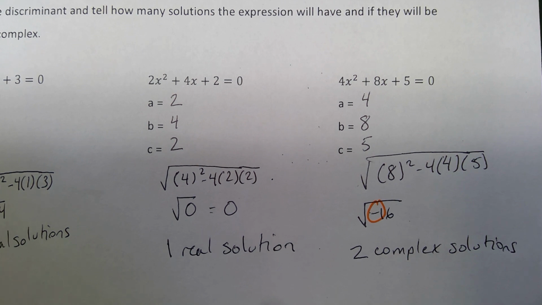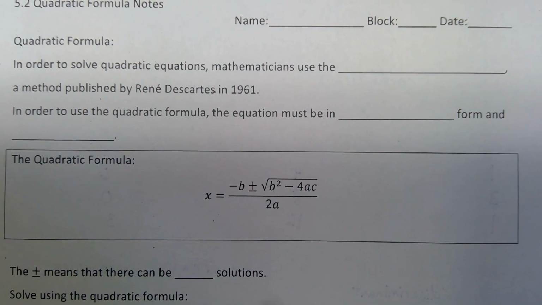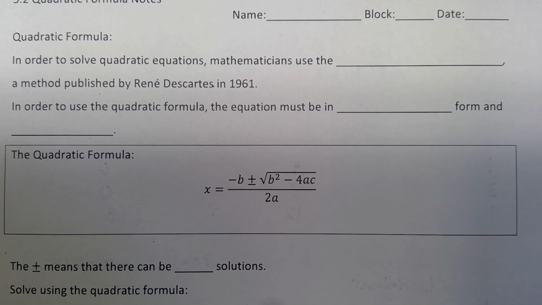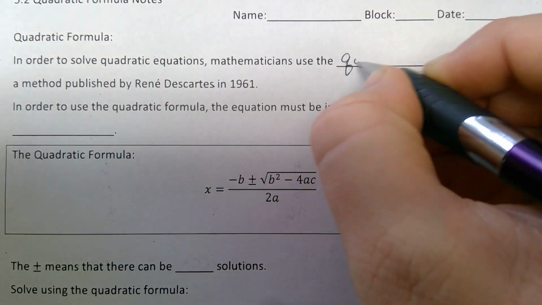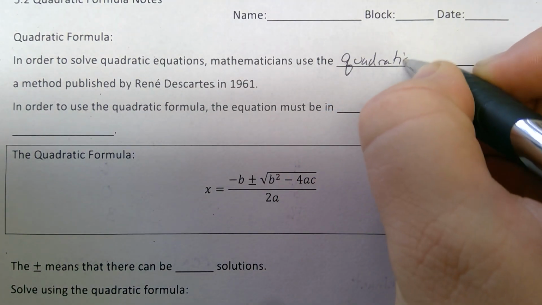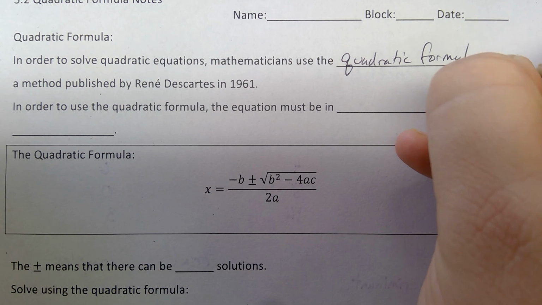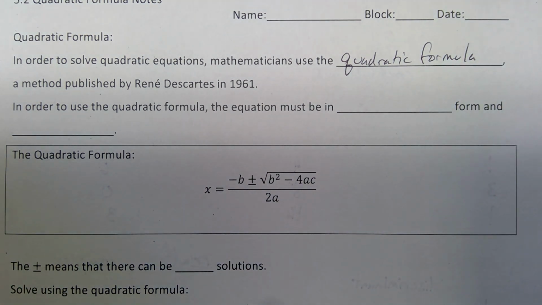All right, so now let's go a bit further. We know how many solutions there are, but let's figure out what those solutions are actually going to be. So we're going to use the quadratic formula. In order to solve a quadratic equation, mathematicians use the quadratic formula, which was published by René Descartes in 1961.